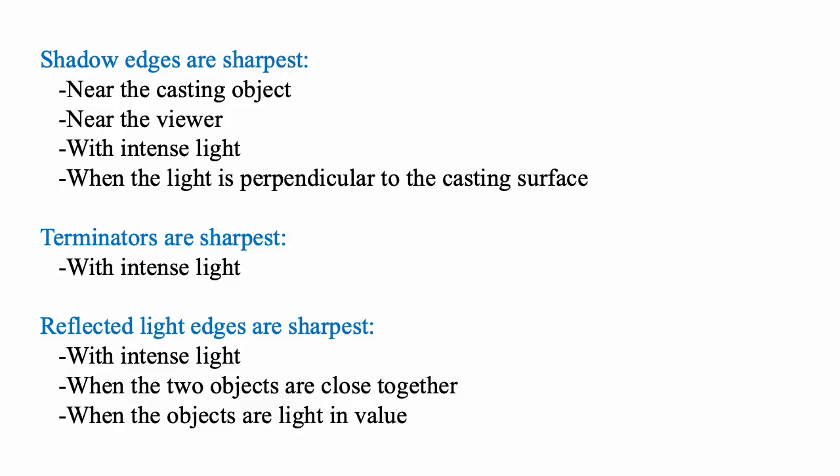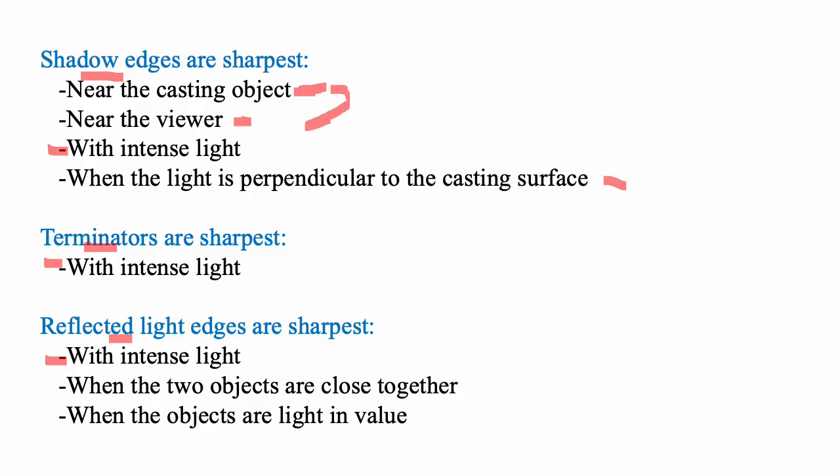Here are some variables that affect the sharpness of shadow edges, terminators, and reflected light. And in all cases, when we have intense light, the edges of all of these sharpen. Now for shadow edges, they sharpen as they come near the casting object and near the viewer, and we get both of these with backlighting.